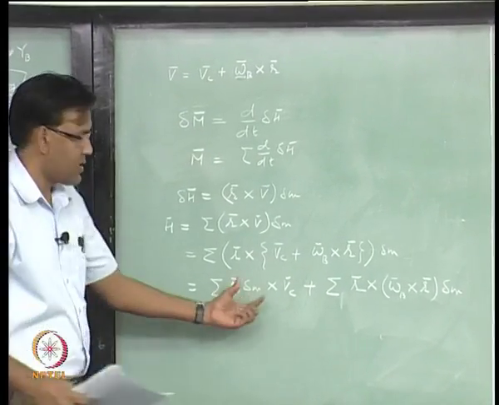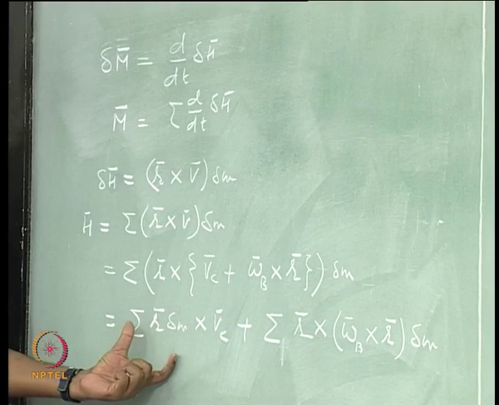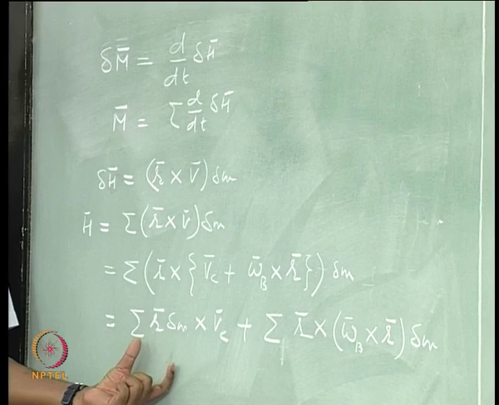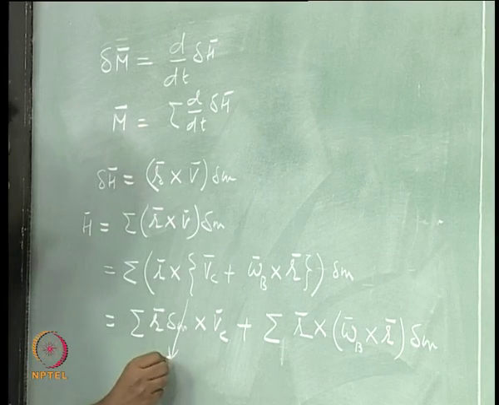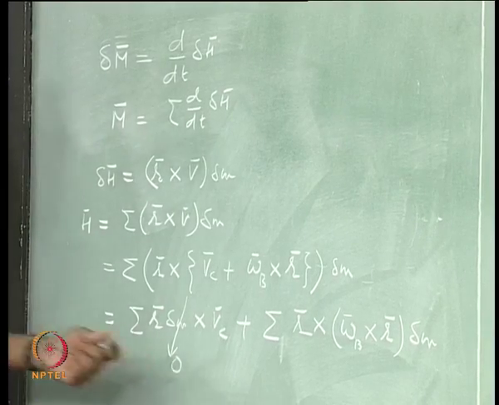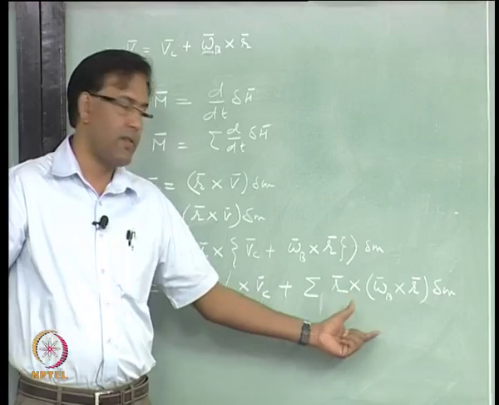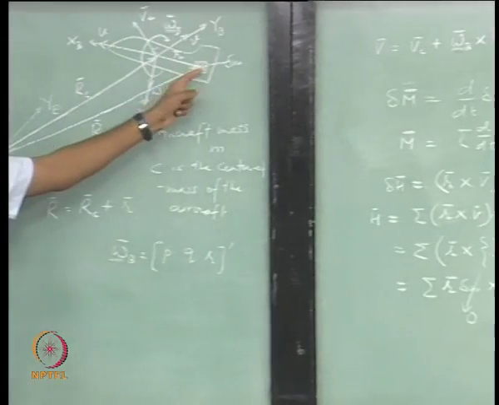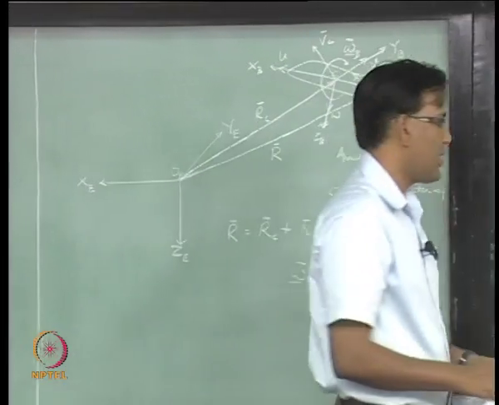So, this becomes 0 again for the same reason that we are measuring all the distances from the center of mass of the aircraft. So, this term goes to 0, and let us expand this. We will assume the coordinates of this elemental mass delta m to be x, y, z.